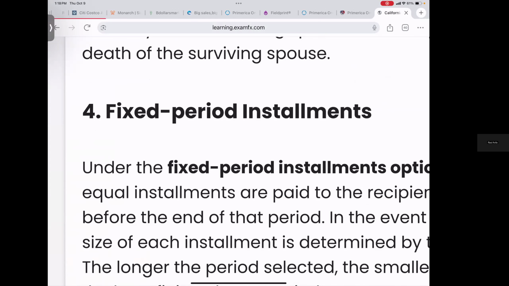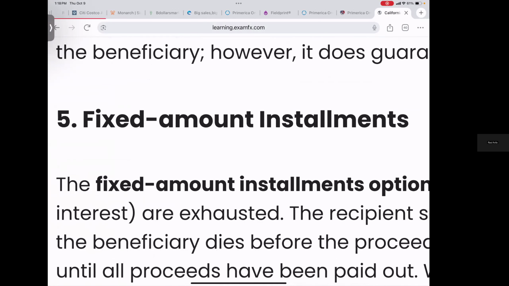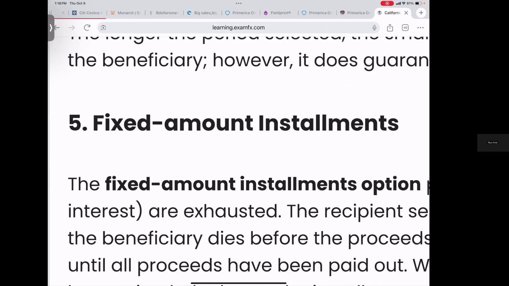Fixed amount is, Larry, if I die, I want my wife to receive 8,000 a month for sure. And the payments stop when the money runs out. Make sense?